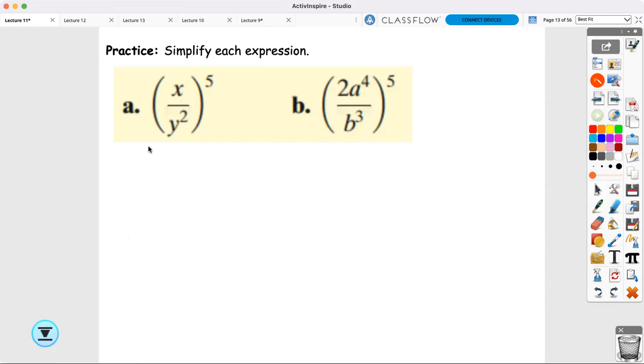All right, let's go ahead and input our answers for B now in the chat. Look at your coefficient 10.